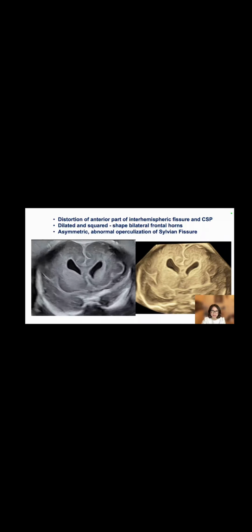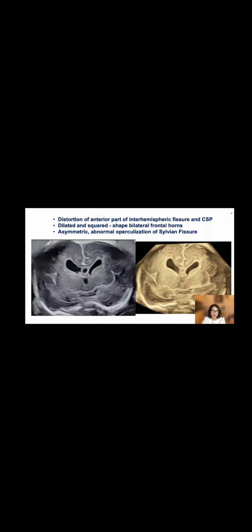In the coronal view, we can see clearly the distortion of the anterior part of the interhemispheric fissure, and the cavum septum pellucidum is also distorted. The bilateral frontal horns are dilated and have a square shape, and the sylvian fissures look very abnormal and asymmetric bilaterally.